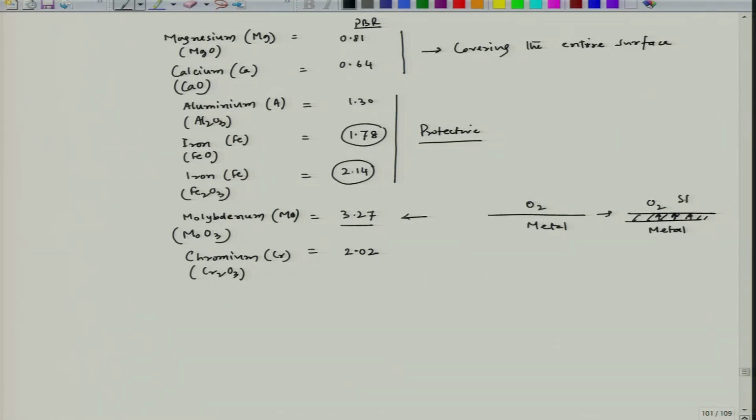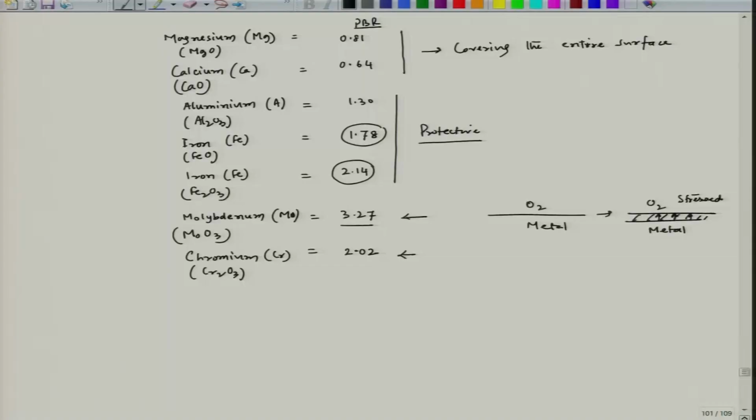This stress, because of the further metal oxide formation, can lead to cracking on the oxide surface if the molar volume becomes very high, and then once it cracks, definitely it will not be able to protect it.